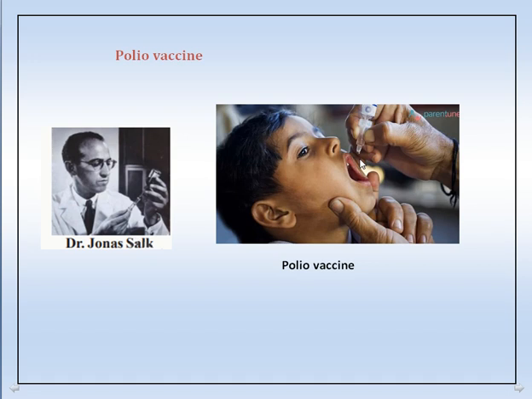You may have heard that children below 5 years must take polio drops. Our national objective is to achieve a polio-free society. You may know that polio is a dangerous disease.